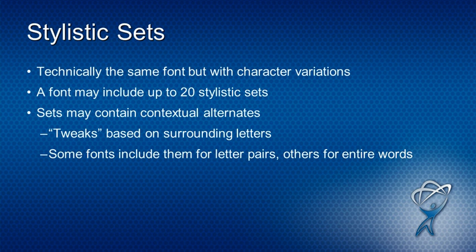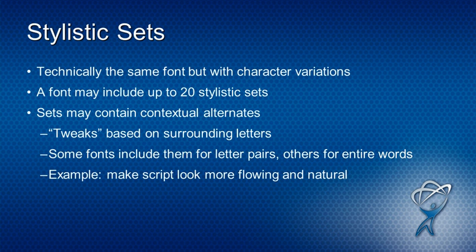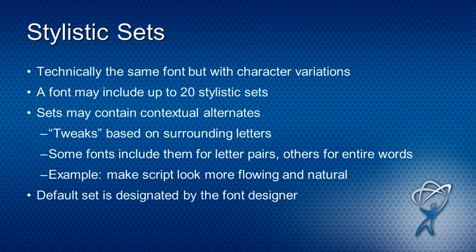Some fonts include them for letter pairs, others for entire words. So not everything's going to have some of these contextual alternates, but you can choose whether to use them or not. An example might be where if you're writing in a script font, it's going to make it look more flowing and natural. The default set is designated by the font designer. So again, you may never know that a stylistic set exists, but you might be using the default because that's what comes up, as we'd expect, by default.